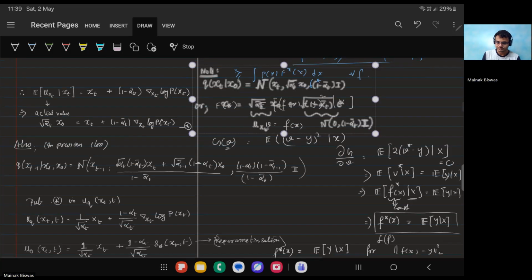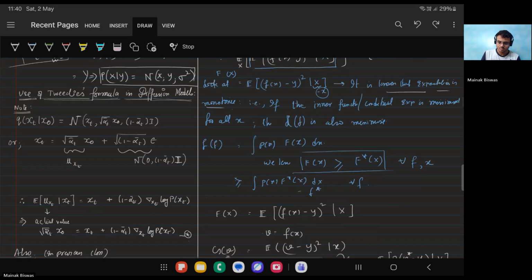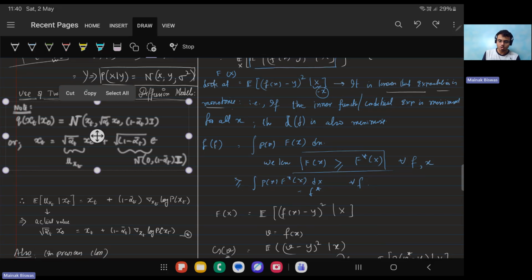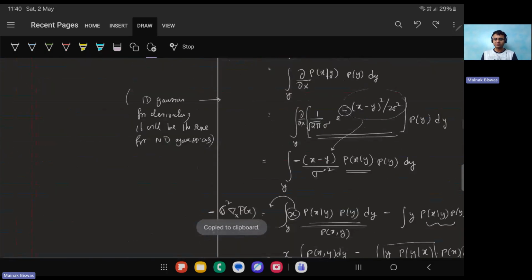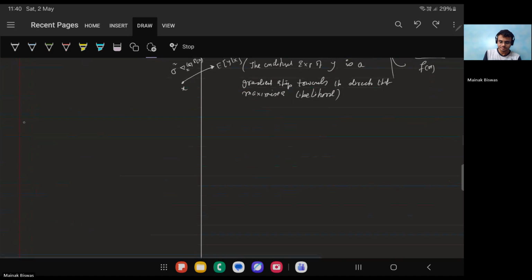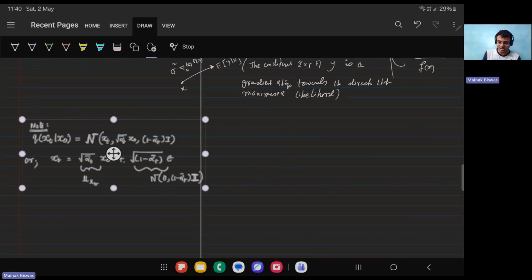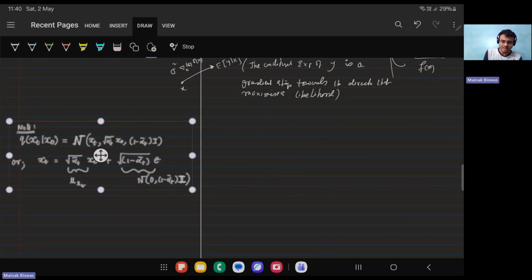What I'm trying to do is show you how Tweedie's formula can be used in diffusion models to give it a score-based formulation. Now, why is score-based formulation important? It will show you how it can be used effectively for doing conditional generation, and also in the future we'll be seeing EBMs, which will be useful there.